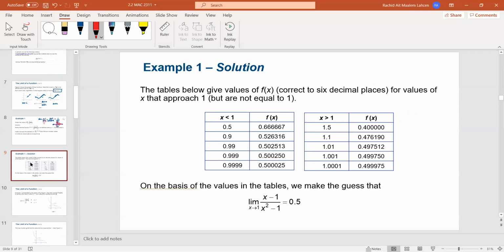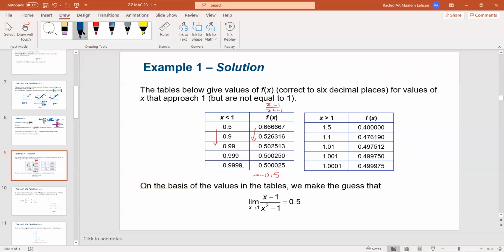If you investigate from the left, x less than 1, 0.9, 0.99, 0.999, and you substitute these values into the function, x minus 1 over x squared minus 1, you get these values, and you can see as x goes towards 1, this is going towards 0.5.